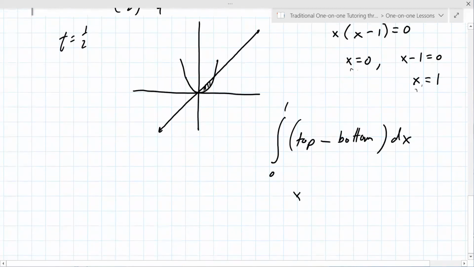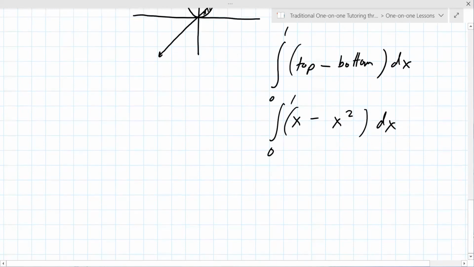If you don't put the right order, you'll get a negative answer, assuming you do everything else correctly. So you could just flip the answer, but it's better to have some awareness of what you're doing.